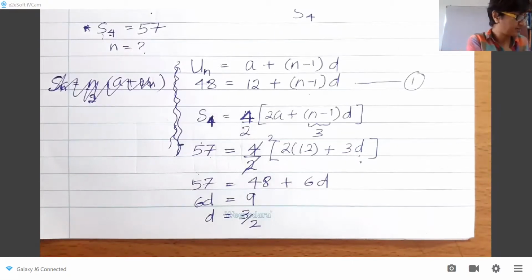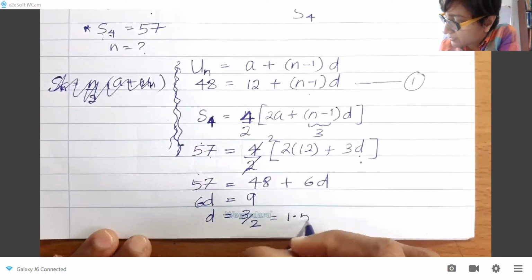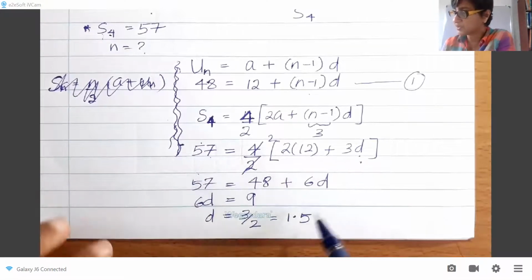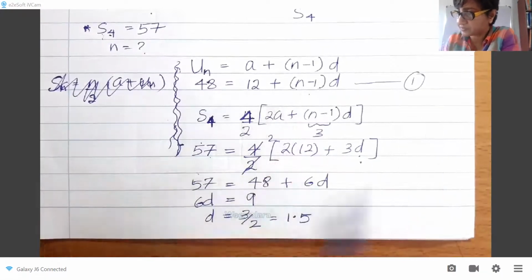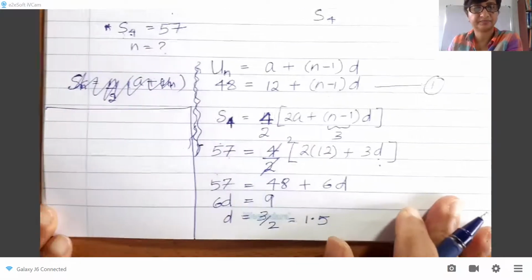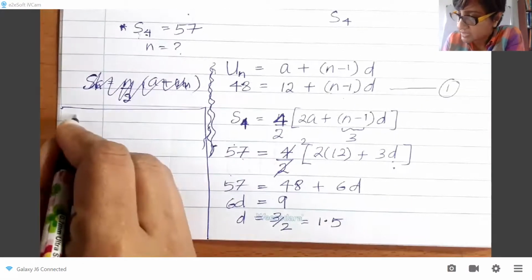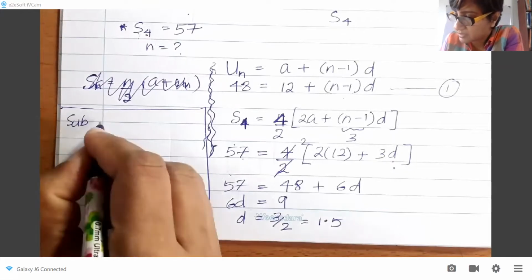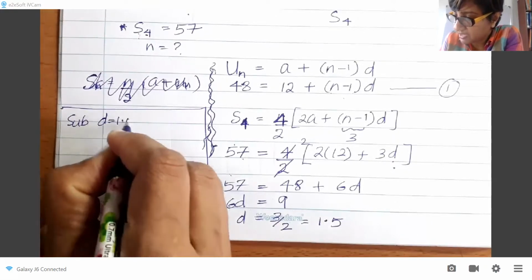Can you verify whether what I've done so far is correct? Okay, so that's 1.5, same as saying 3/2. Then you can use it in equation 1. I will do it in a little box here. Substitute d equals 1.5 in 1.